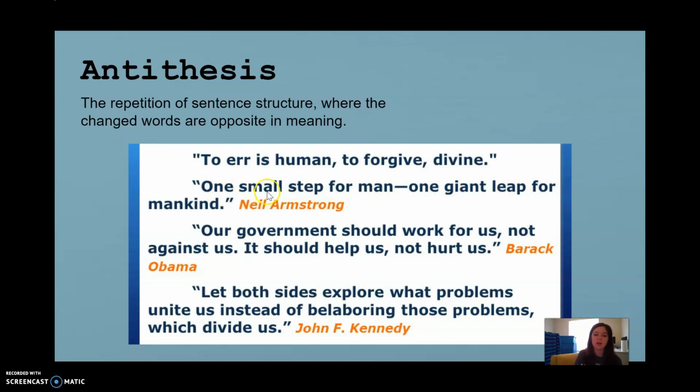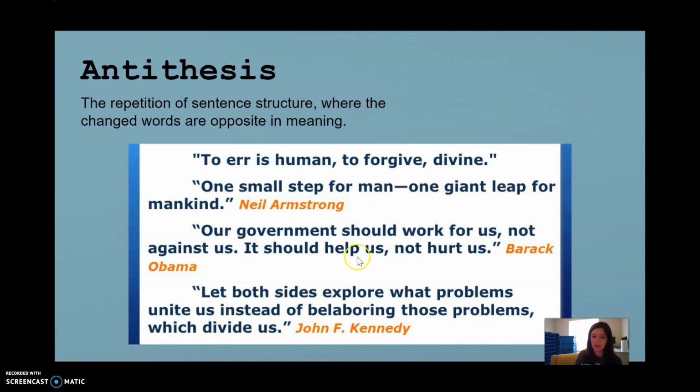So one blank, small, giant, step, leap, mankind. These are all opposite terms. Opposite of small is giant, opposite of step is leap, opposite of man is mankind. But it's all within the same sentence structure. One descriptor, noun, for noun.